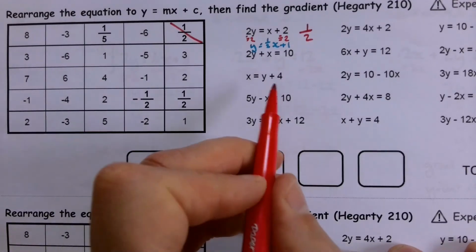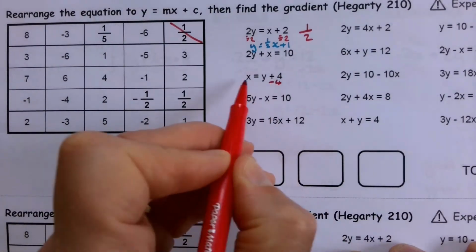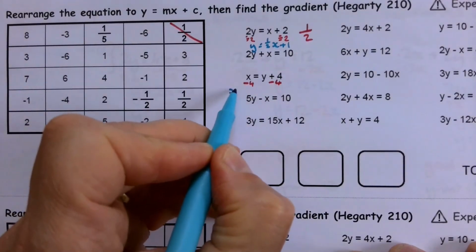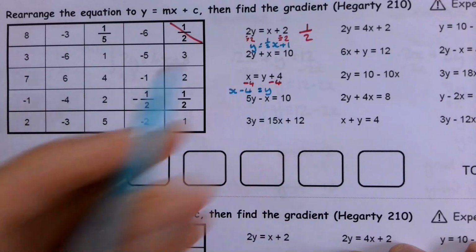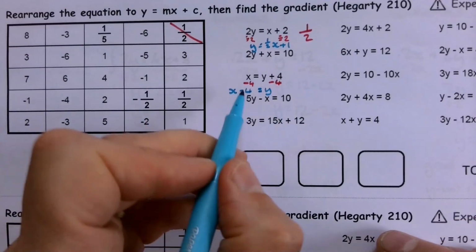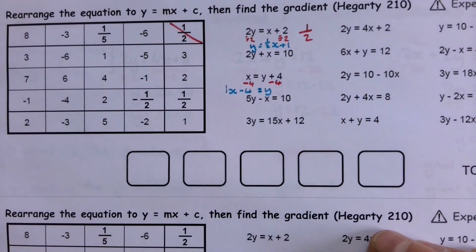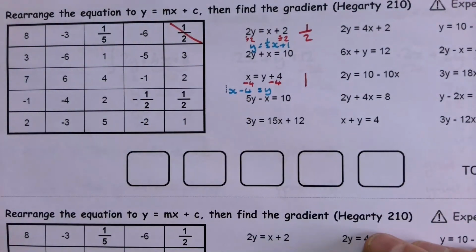So here I just want to get this 4 and shove it over the other side. So now I've got x take away 4 is y. So that is already in y = mx + c format. It's just slightly back to front. And remember, I've got a 1 in front of the x. So what is the gradient?